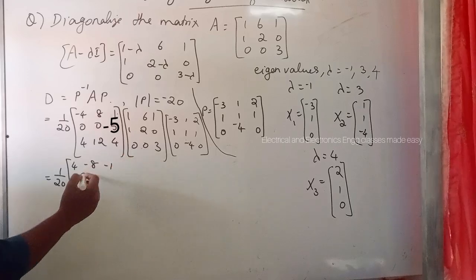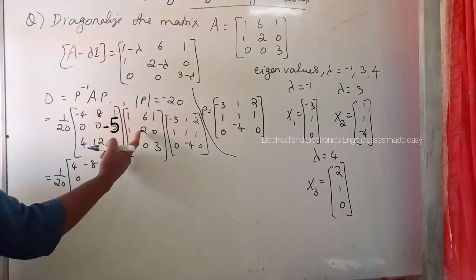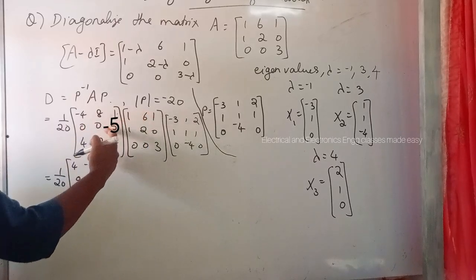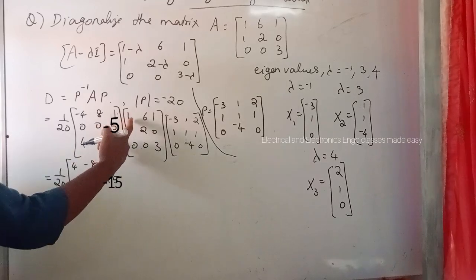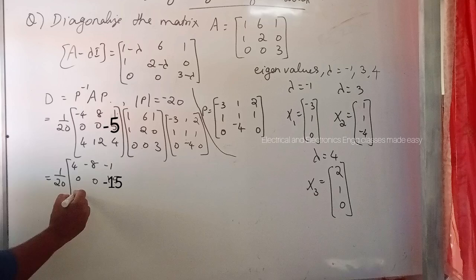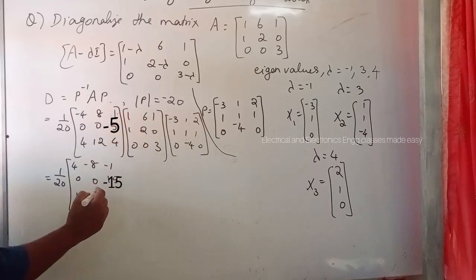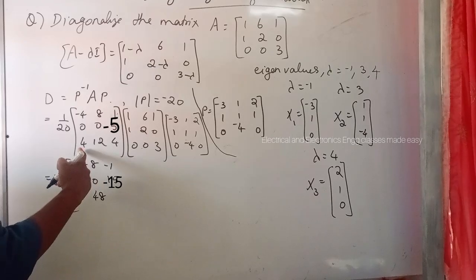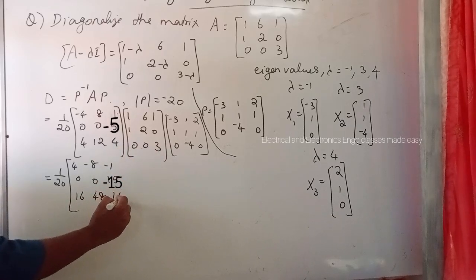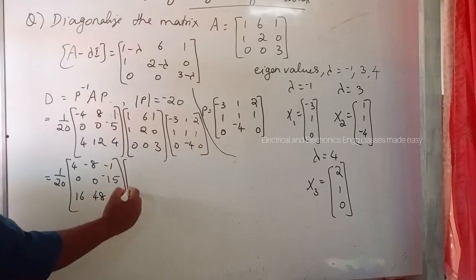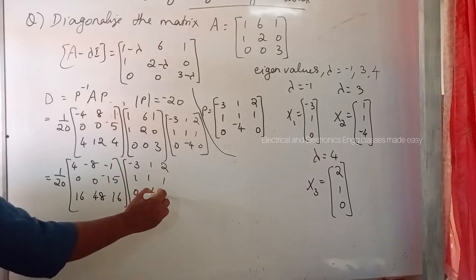Then 0, 0, 0, 0, 0, 0, 0, 0, 0, then 0, 0, 15. So this is 15. Then 4, 12, then 24, that is 48, then 0, 12, that is 16, into minus 3, 1, 2, 1, 0, minus 4, 0.